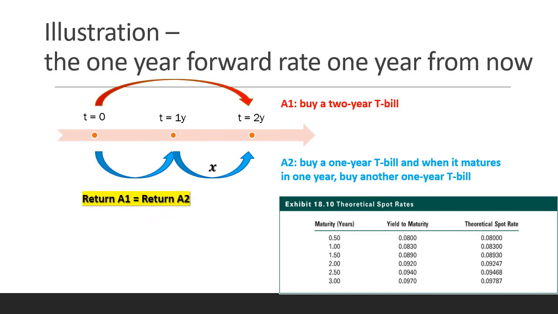The assumption is that the investor will be indifferent between the 2 alternatives if they produce the same return for the 2-year investment horizon. And we will use the theoretical SPAR rate curve derived to work out this forward rate.